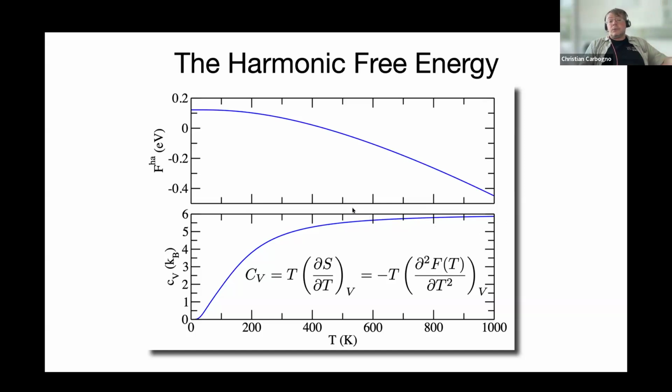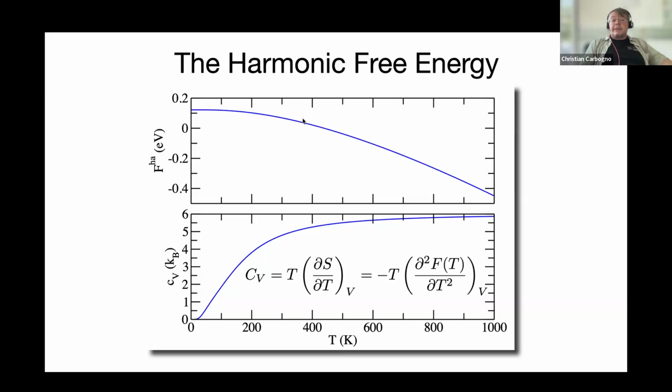In silicon, we have 2 atoms and 3 dimensions, so we have 6 kB of specific heat in the classical limit here, according to the Dulong-Petit law. And everything that you observe here are really quantum mechanical effects of the nuclei that describe how the specific heat changes.